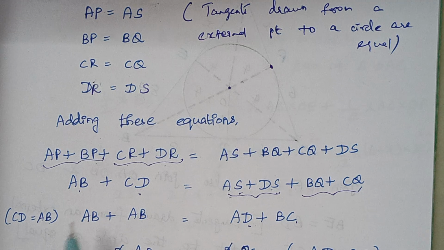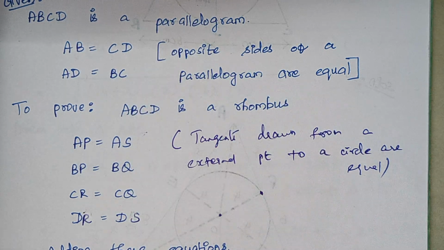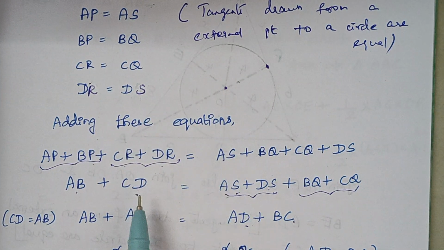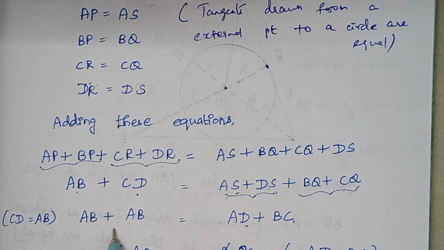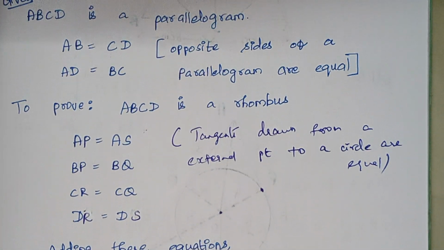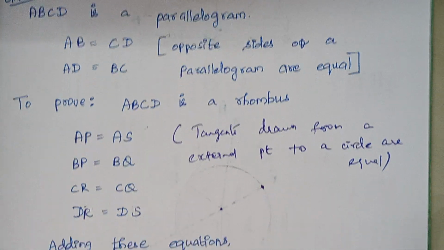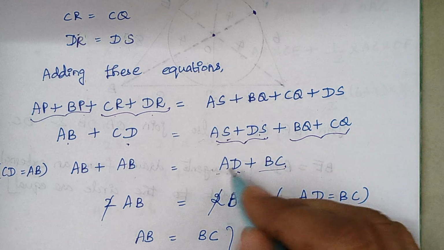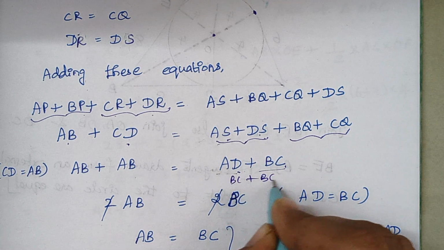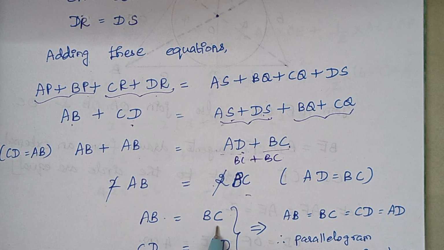Now you see we had AB is equal to CD, so in the place of CD, just replace AB. So AB plus AB is equal to AD plus BC. Since BC is equal to AD, I am rewriting AD as BC. So BC plus BC gives you 2BC. So these two get cancelled, and finally we write AB is equal to BC.